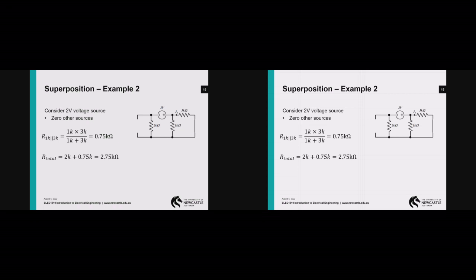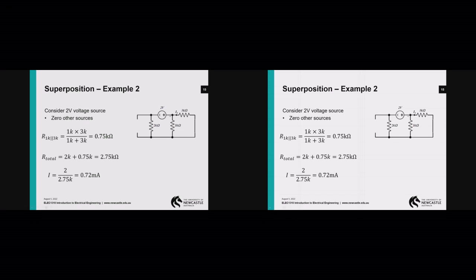Therefore, the total resistance is now 2 plus 0.75. Therefore, the current from the 2 volt source is 2 volts divided by 2.75, which is 0.72 milliamps.